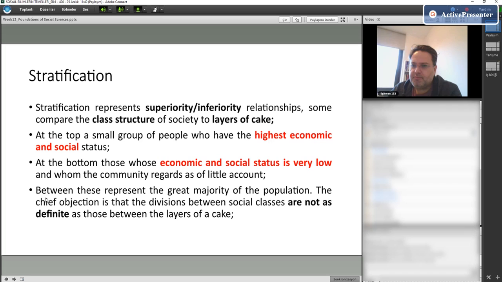But this metaphor also suggests that these layers are not very distinctly cut off. So there is always a transition from one layer to the other.